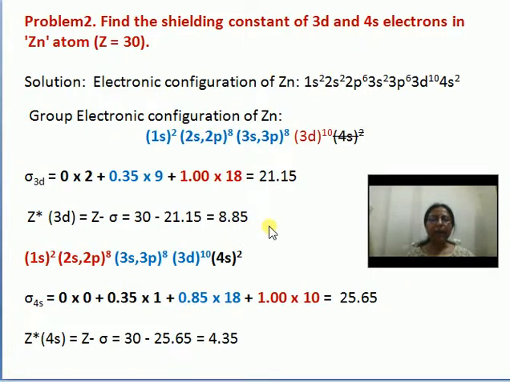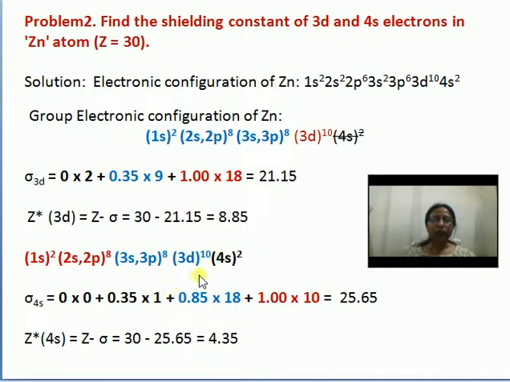8.85. Now we also want to know what will be the Z star on one of these 4s electrons. So for that, we have to consider this 4s electron now. And as this is an ns electron, the contribution for the one remaining electron will be 0.35. So we will write 0.35 into 1.